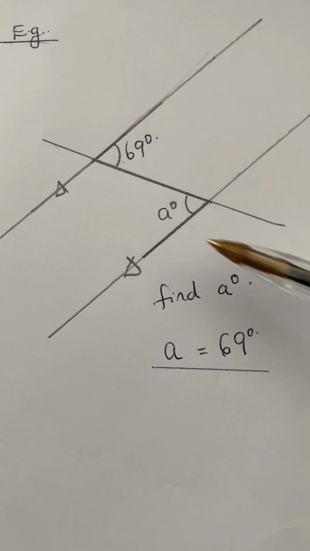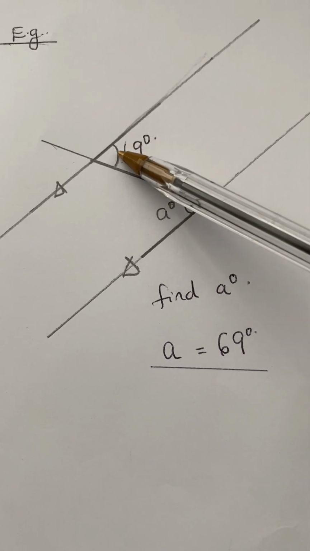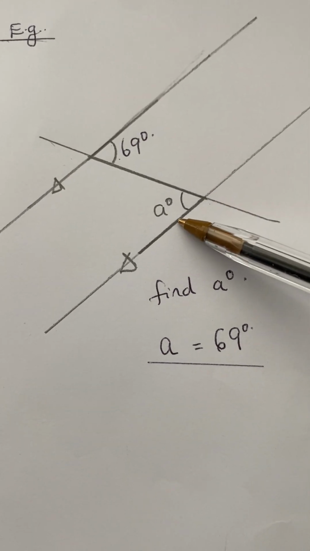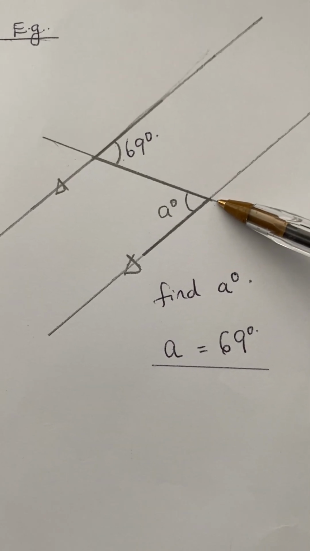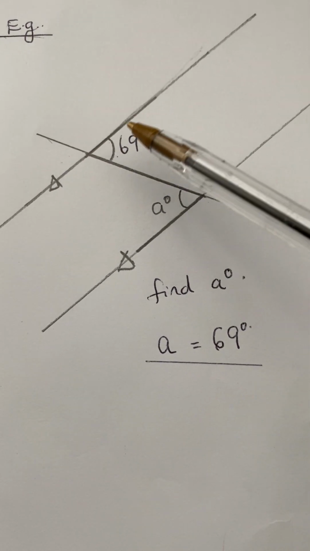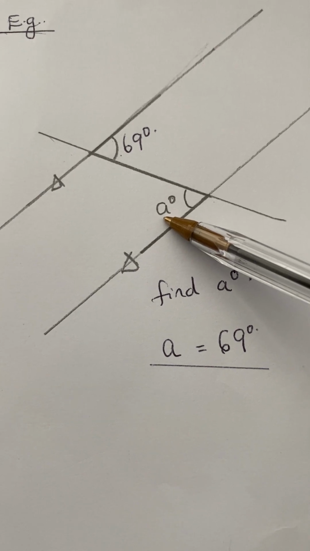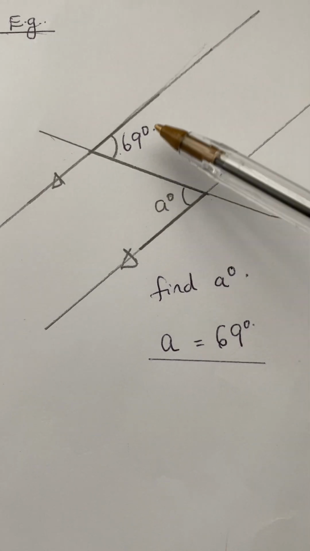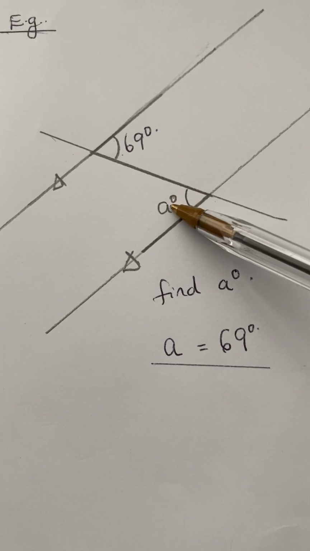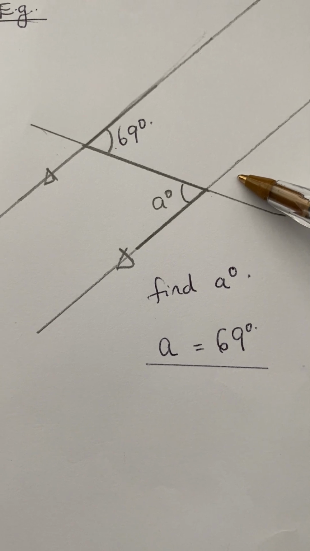Assuming they gave us just this angle and we are supposed to find this angle here, using this Z we know that if this is 69, then that will be 69. Then we can use that knowledge to say that if this is 69, then that will be 69.